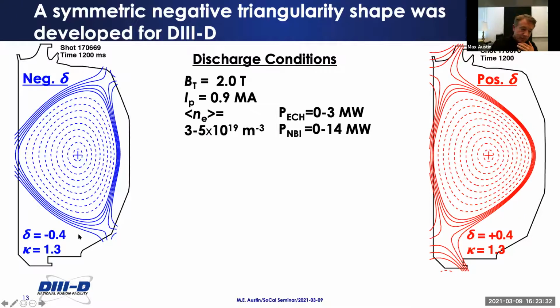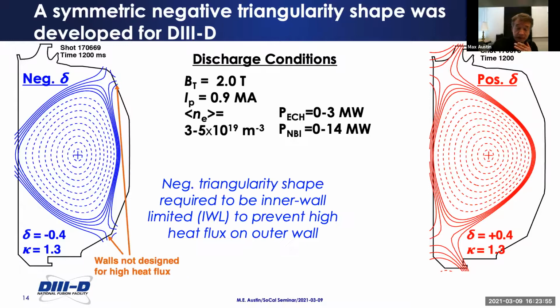The important numbers are a negative triangularity of -0.4 and a modest elongation of 1.3. All these discharges were done at a toroidal field of 2 Tesla, 1 megamp, and had up to 14 megawatts of neutral beam heating power and 3 megawatts of ECH.